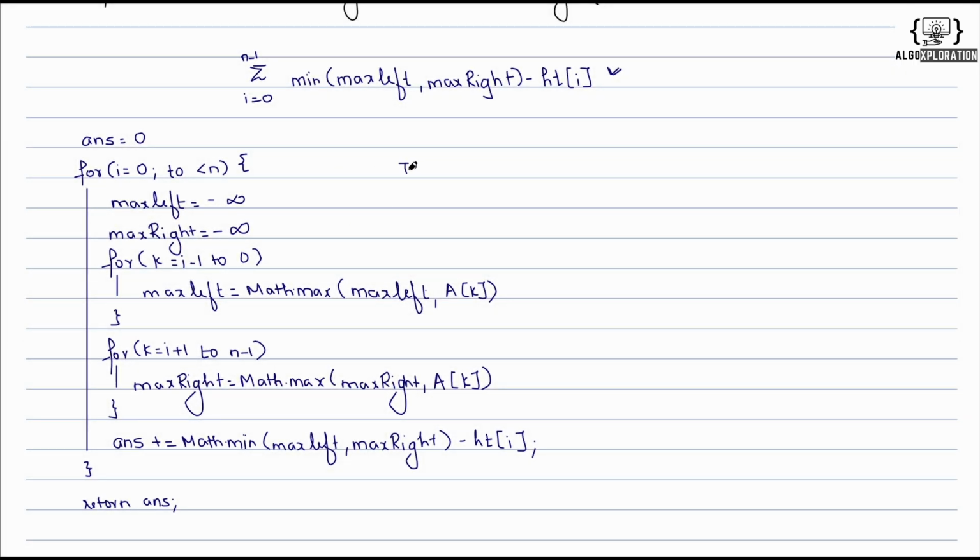So the time complexity will be order of n square and the space complexity will be order of 1 because we didn't take any extra space. So this is the time complexity as well as space complexity. Now the interviewer will not be happy with this time complexity, so he or she will ask to optimize it.